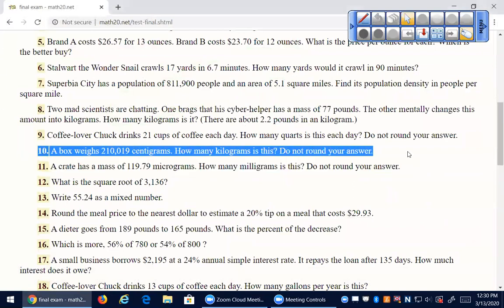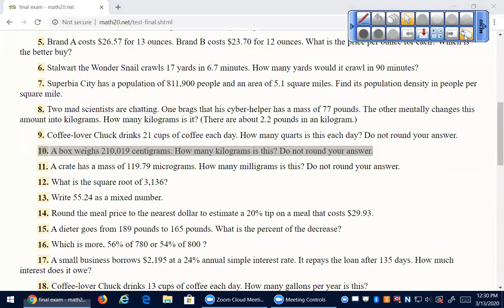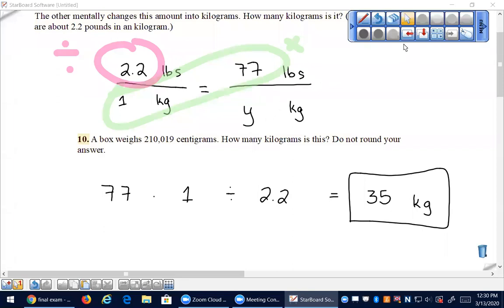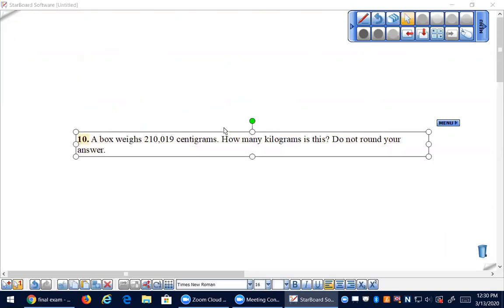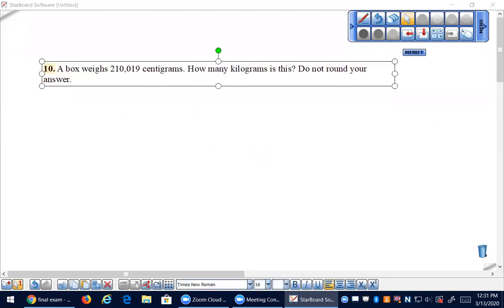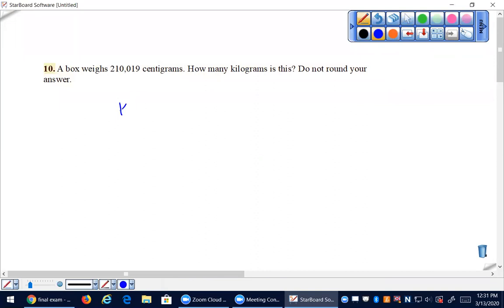Okay, centigrams to kilograms. Should we do another one of those SI ones? I'm thinking we should, just because I've graded no-calculator tests. Same thing, I write out my letters. I'm going from centigrams to kilograms.